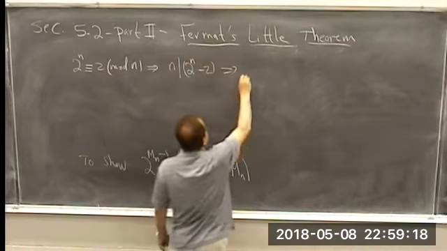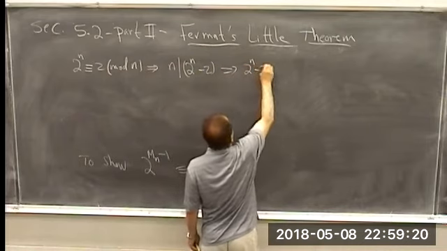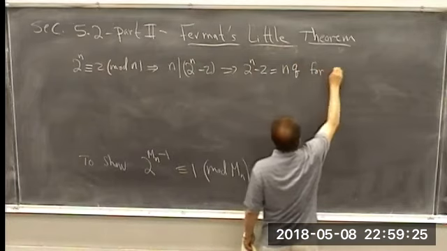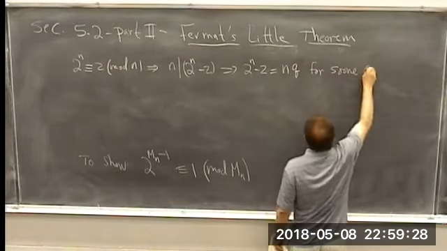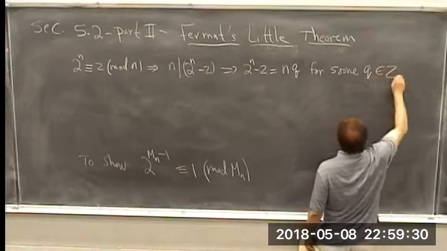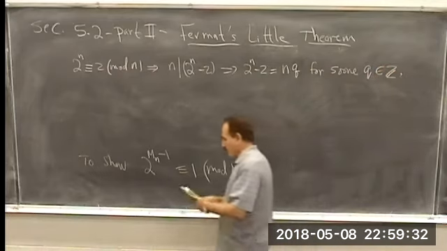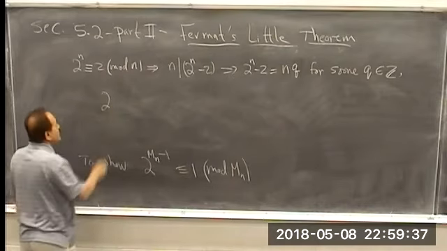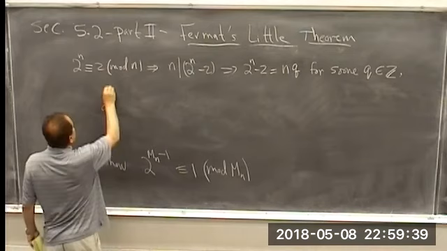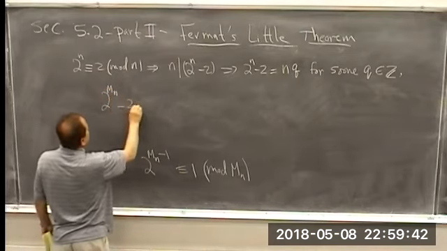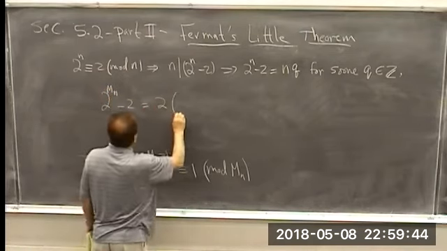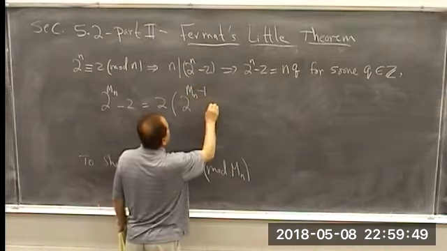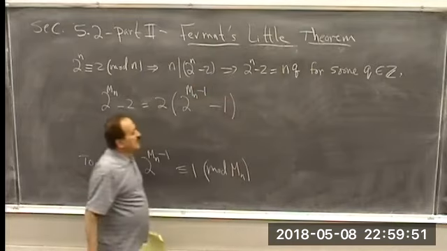And this makes 2 to the n minus 2 equal to n q for some q in Z, or some integer q. All right, let's look at now 2 to the m sub n minus 2, which we can factor a 2 out, and then we have 2 to the m sub n minus 1.